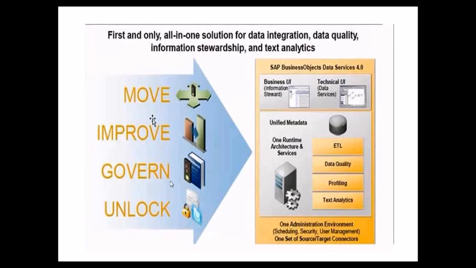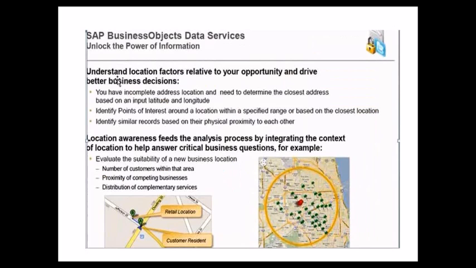By using these, we can improve the quality, we can govern, and we can unlock. By using this text functionality, we can sort through the noise of the unstructured data and automatically identify what your text data contains about who, what, where, when, how much, and many extra things that can be done.